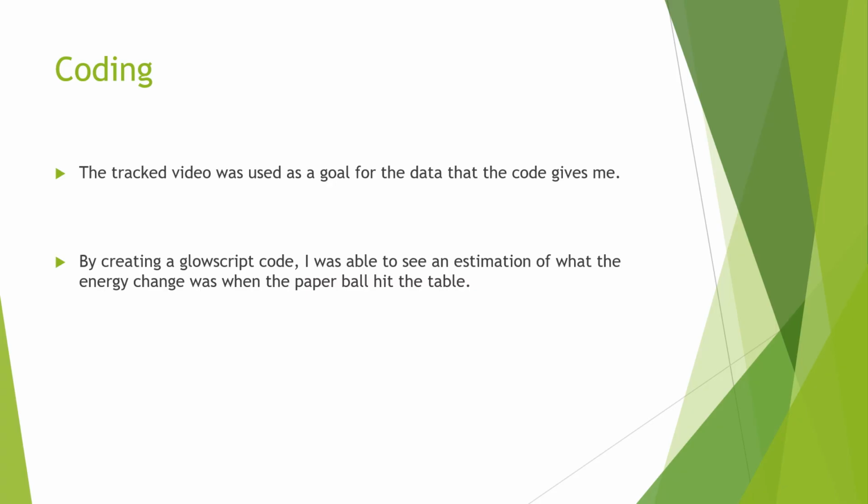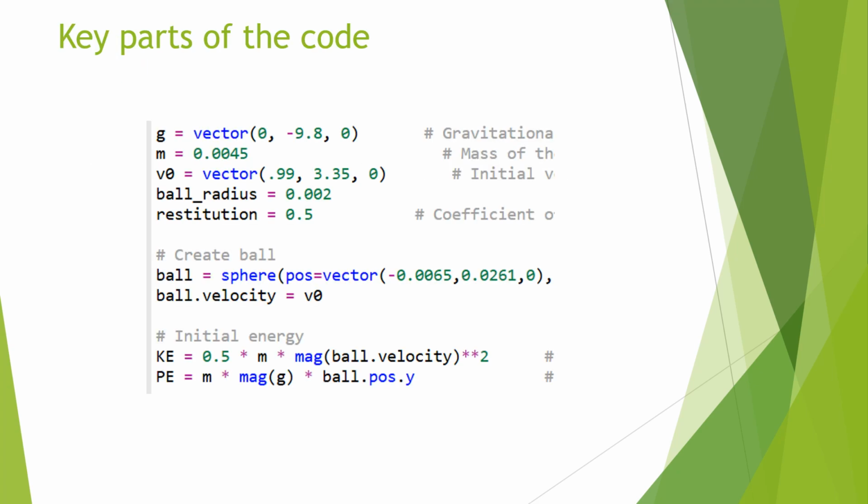So for the coding, the tracked video was used as a goal for the data that the code gives me. By creating a GlowScript code, I was able to see an estimation of what the energy change was when the paper ball hit the table. In my code, there are some more important parts.